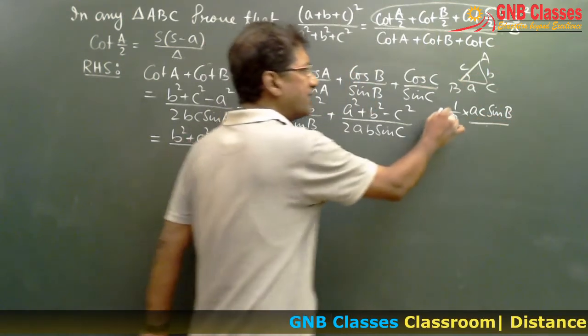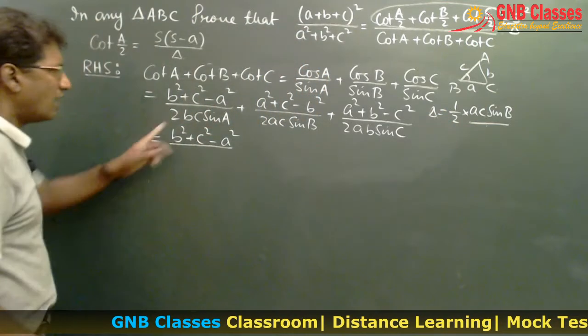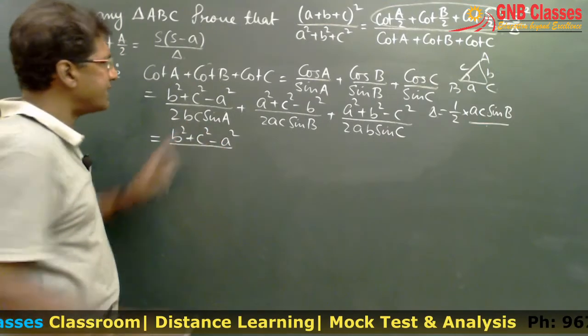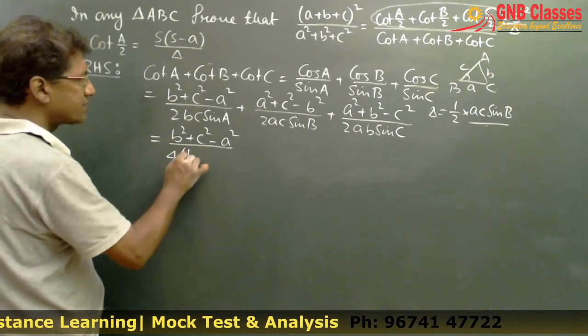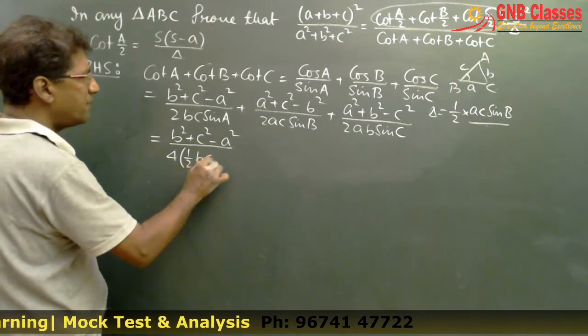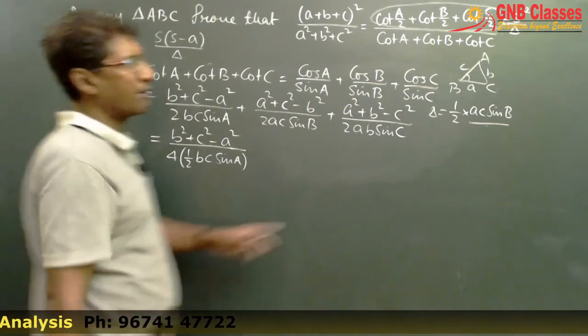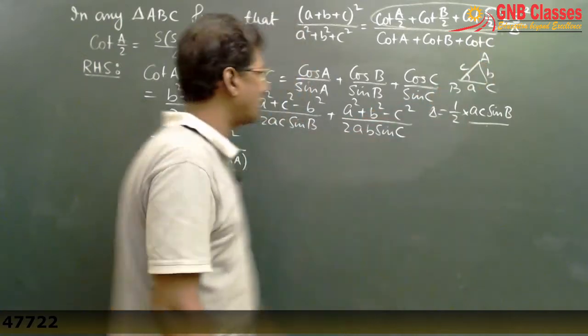So that is nothing but the area of the triangle ABC. Now, in this case, observe BC sine A. Your BC sine A can be written as, look carefully, 4 times half BC sine A. Yes or no? Now, half BC sine A will give you nothing but the area of the triangle.